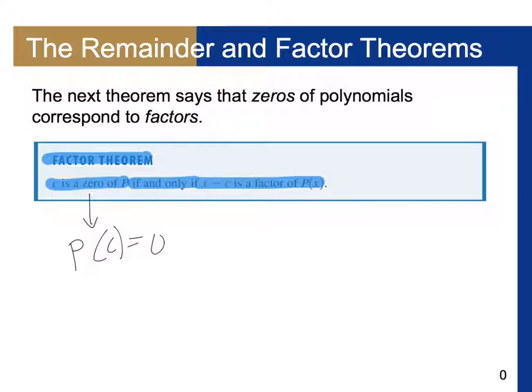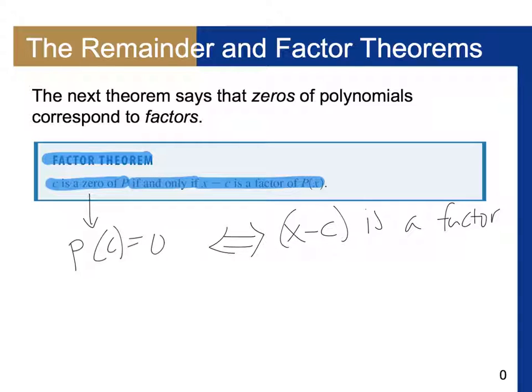We can use this arrow notation, which is symbolic logic, to say x minus c is a factor.